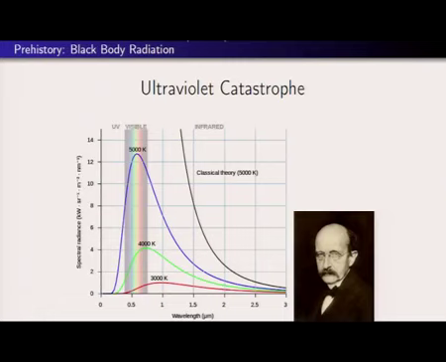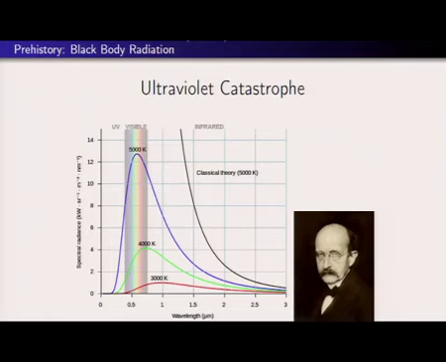The blue, the green, the red, they are all experimental curves. The red curve is at 3000 Kelvin, the green curve is at 4000 Kelvin, and the blue curve is 5000 Kelvin. Now this black curve is plotted at 5000 Kelvin. So what is happening?